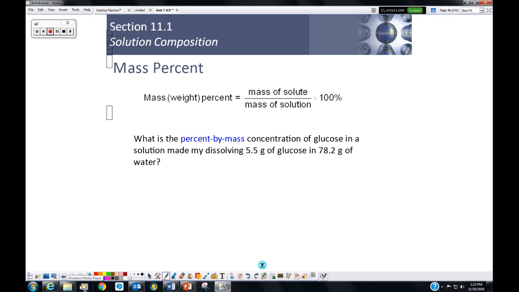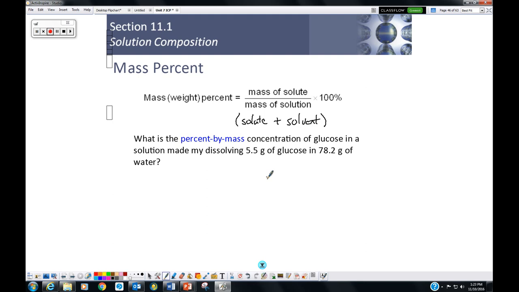So calculations for mass percent. It is pretty straightforward. The big thing to pay attention to here, it says mass of solution. So that is the mass of the solute plus the mass of the solvent.